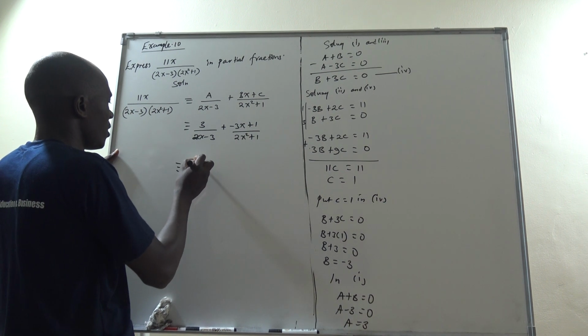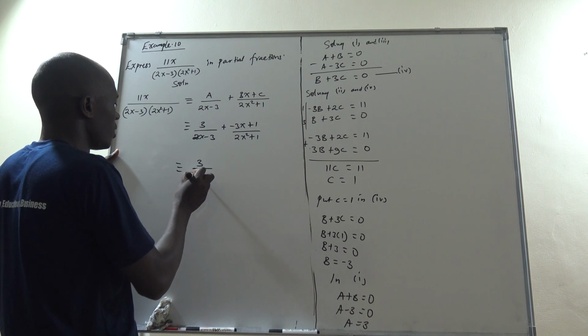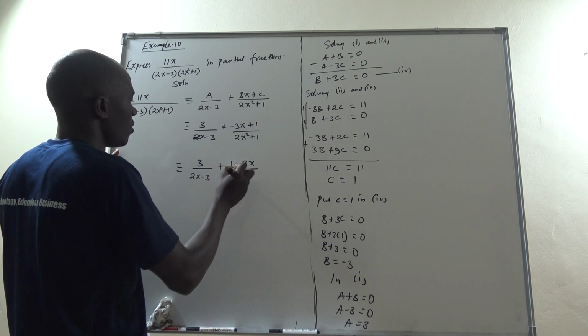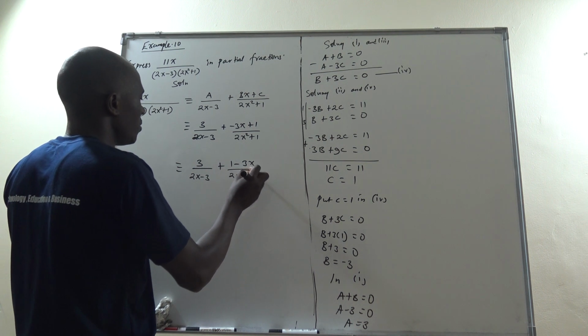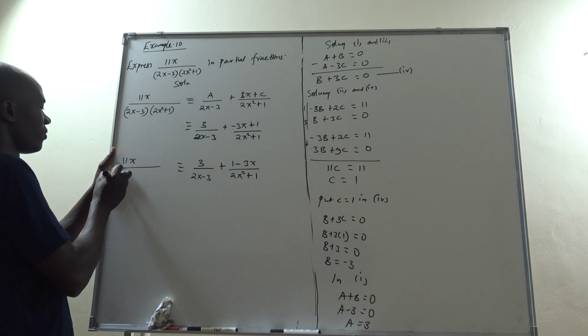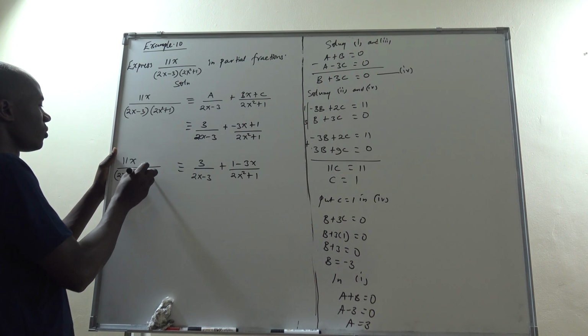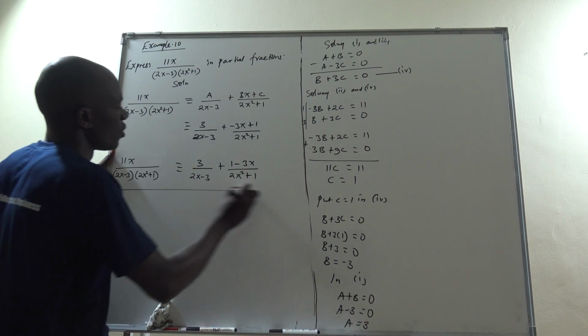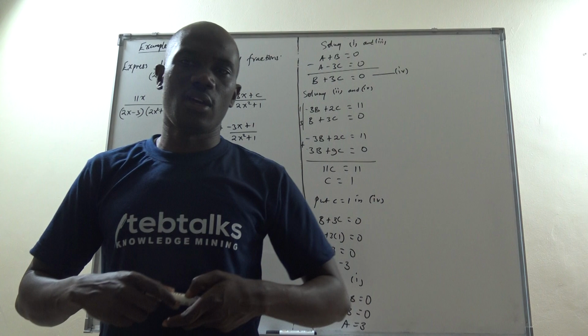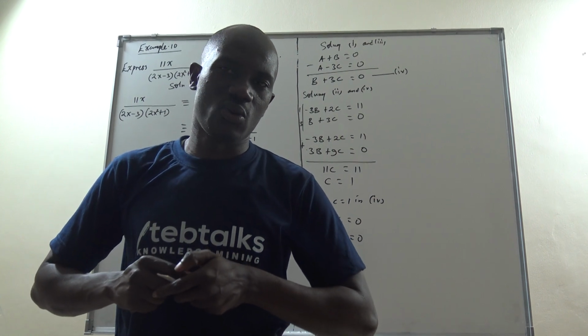So this is 3 over (2x minus 3) plus (1 minus 3x) over (2x squared plus 1), which is equal to 11x all over (2x minus 3)(2x squared plus 1). So this is how we can express those equations into partial fractions.